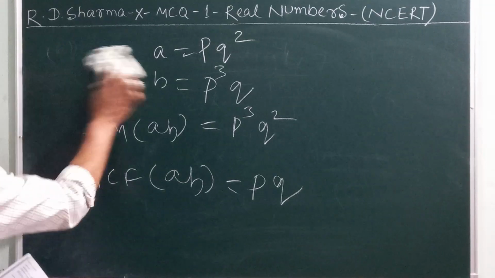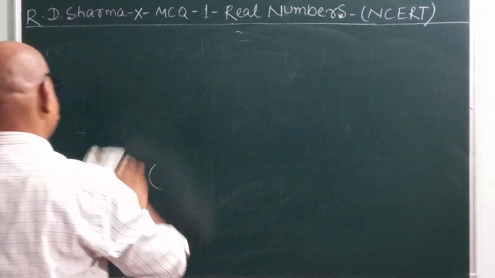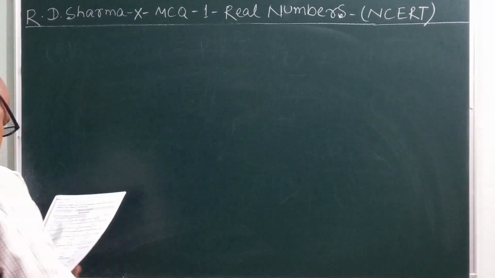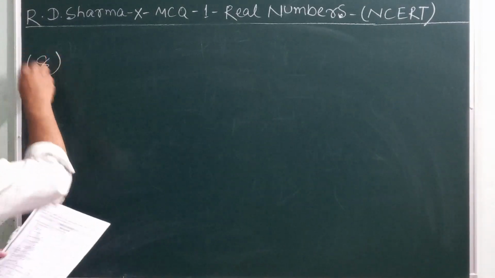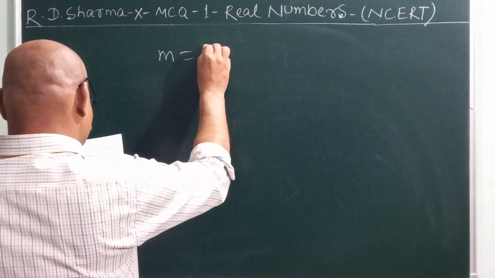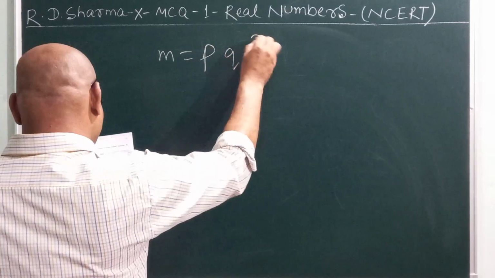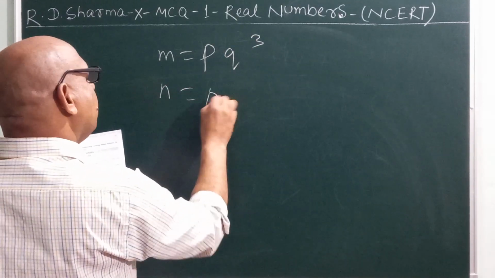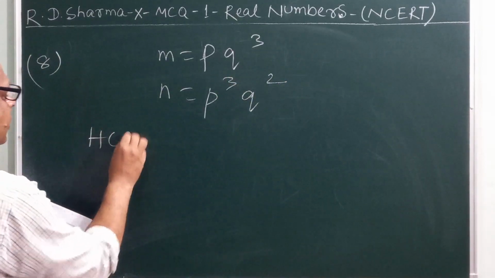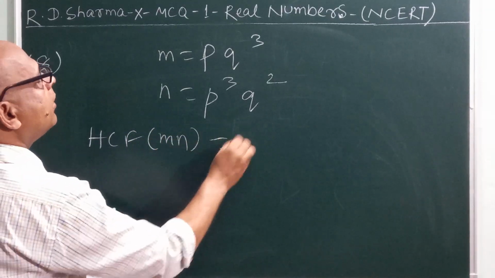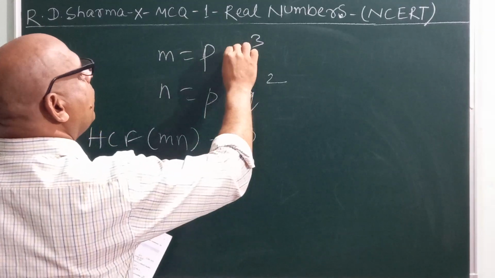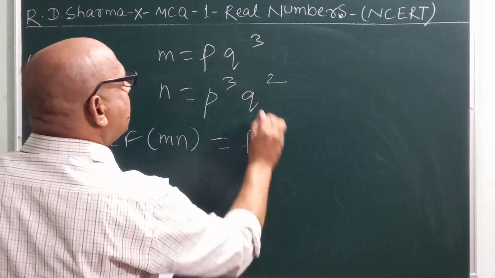Next, 8. m equal to p q, n equal to p q square, HCF of m and n. The small power of p q, and small q square.